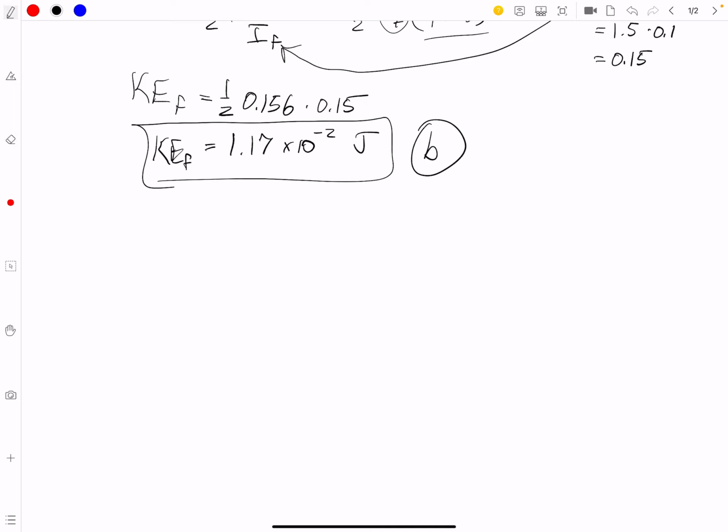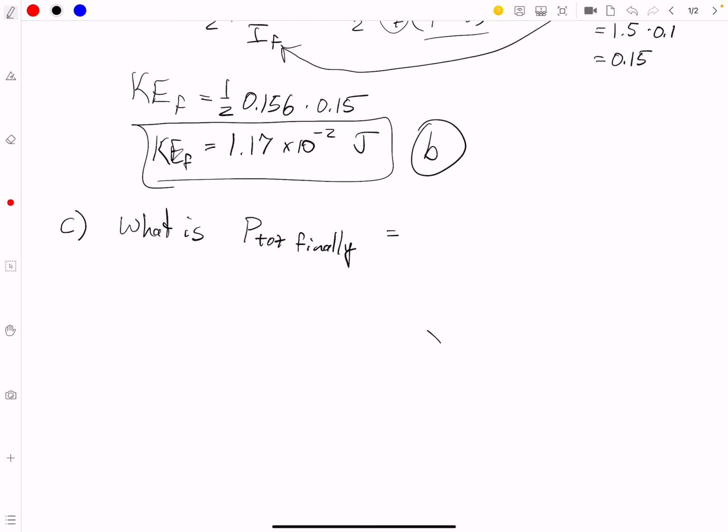Okay, so then, what is the total linear momentum? So C. Now they say what is the total linear momentum before and after the collision in the problem, but they don't really mean that. What they mean is, what is the total momentum finally?